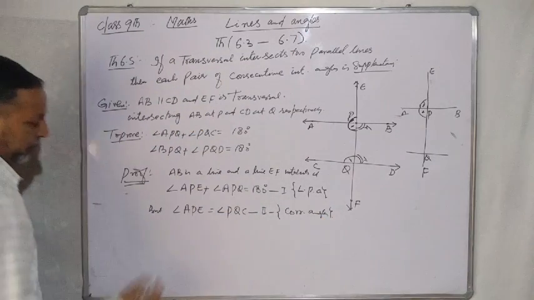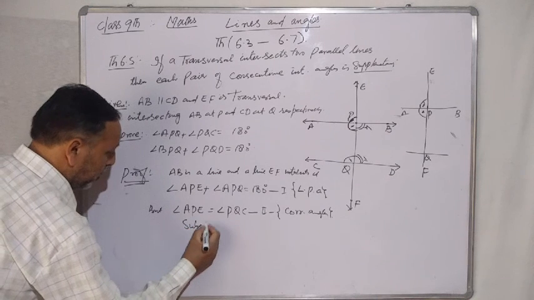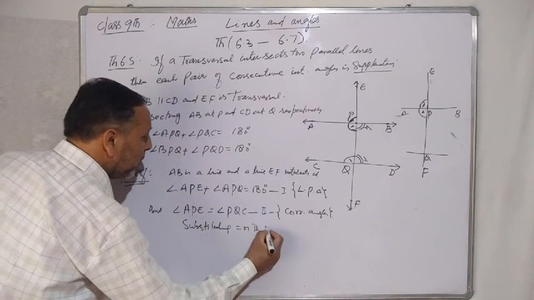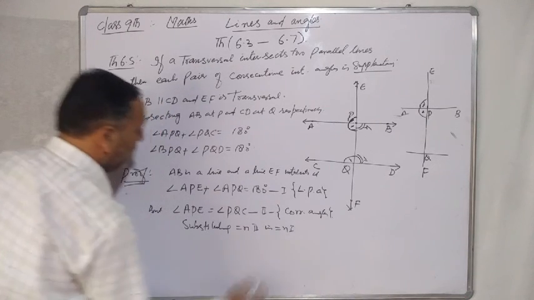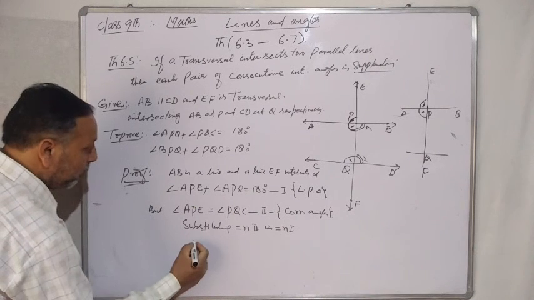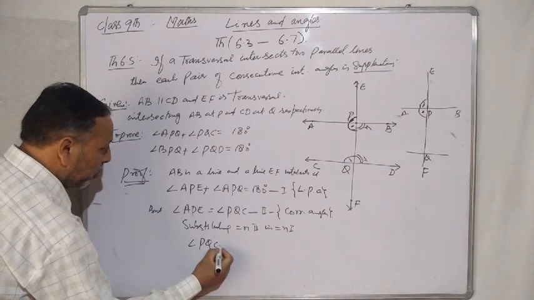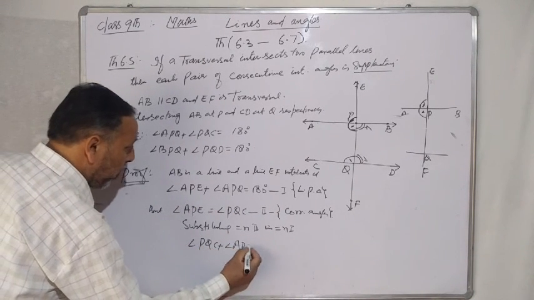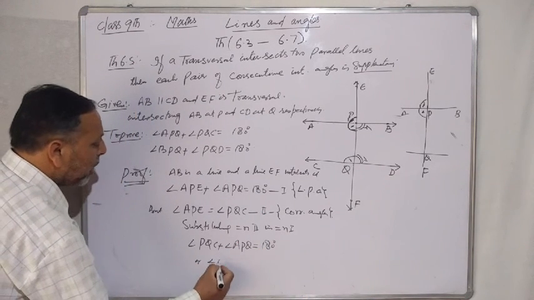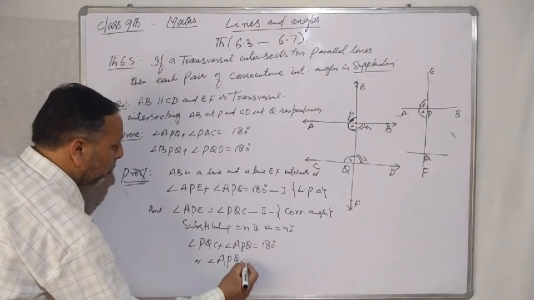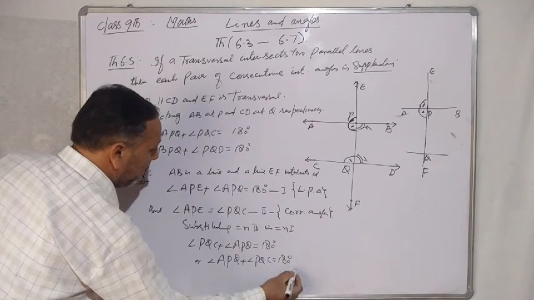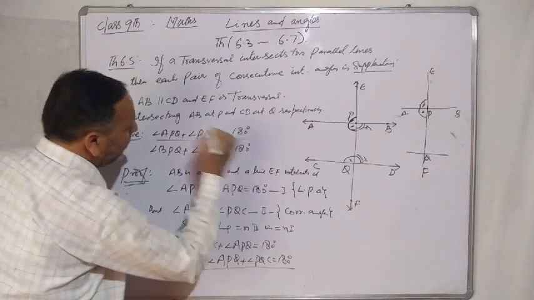Substituting equation second in equation first, we have angle APQ plus angle PQC is equal to 180 degrees. This is the required result.